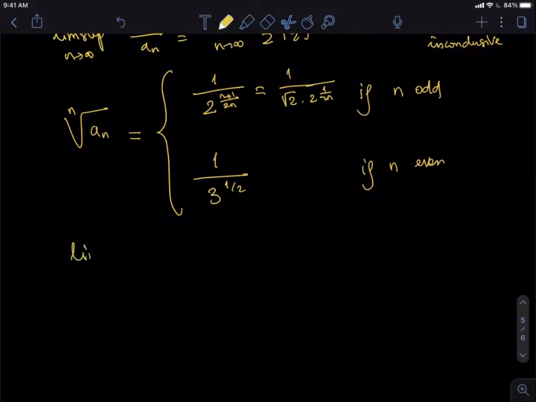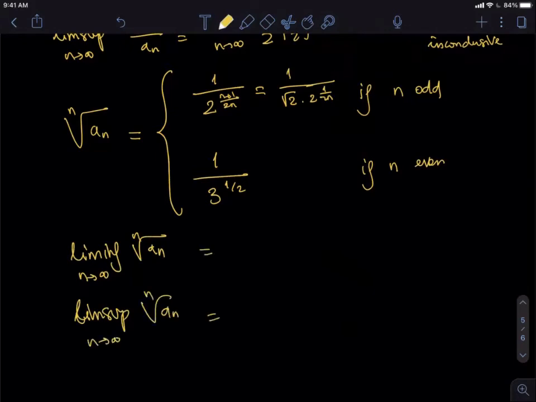So in this case, the lim inf and the lim sup, what are they? So again, here we see two different subsequences, the odd and the even terms. The odd terms, they converge because this term here is going to lose influence, okay? As n goes to infinity, this becomes 0, 2 to the 0 becomes 1. So this converges to 1 over square root of 2, and this is always 1 over 3 to the 1/2.